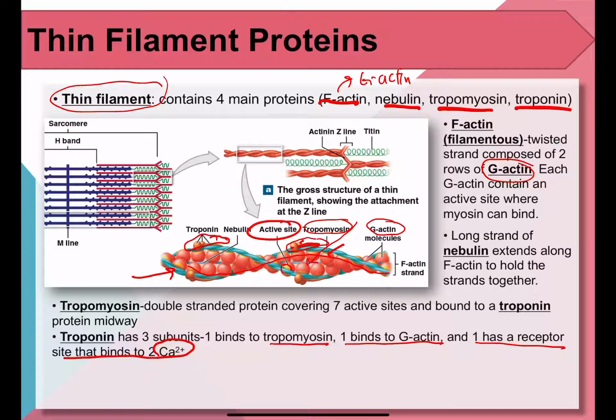So this is why calcium ions are a critical part of muscle contraction, because once troponin binds to calcium, it triggers tropomyosin to roll away to reveal your active sites on the G-actin, which then allows myosin heads to bind and pull in order to produce a contraction.